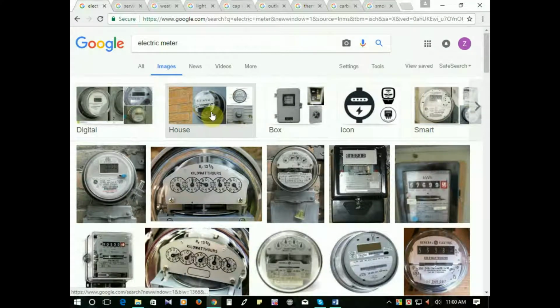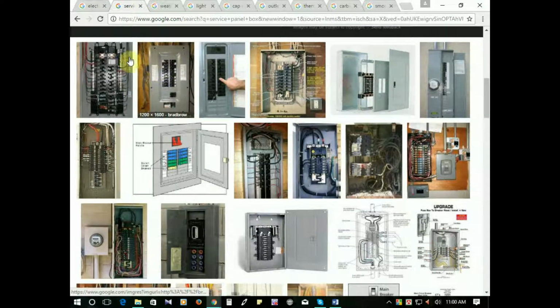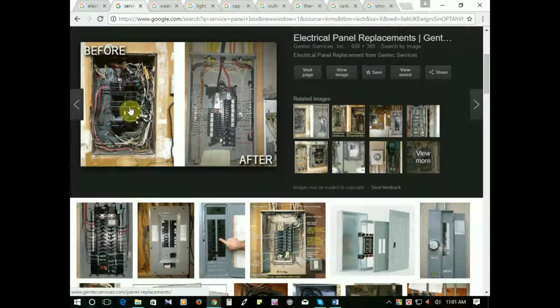You might see that where it is placed in the house, the meter is just missing. If it is missing, we need to report it, or if the electric service panel box is damaged, we need to report that it is damaged. Okay.